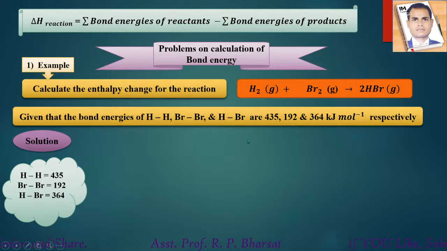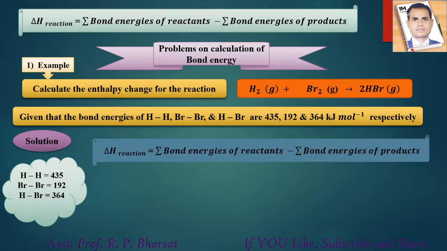So we have to solve this problem and see the solution. All this given data we have to write in this way first, and then solve in the next step using the formula given here.